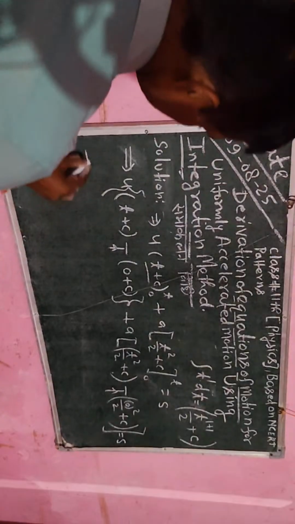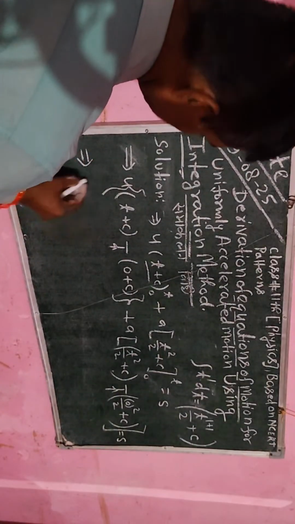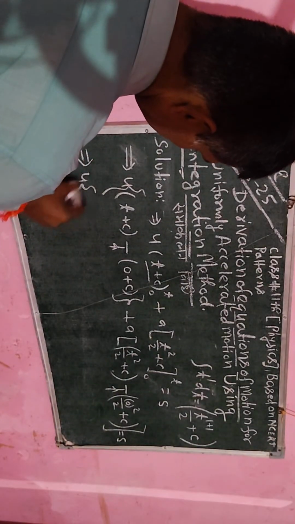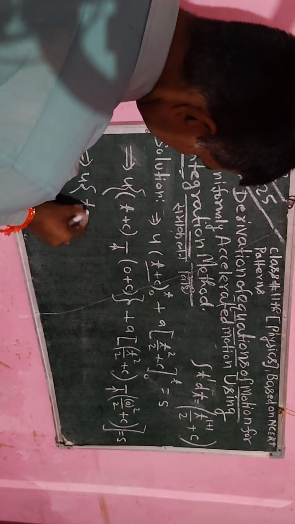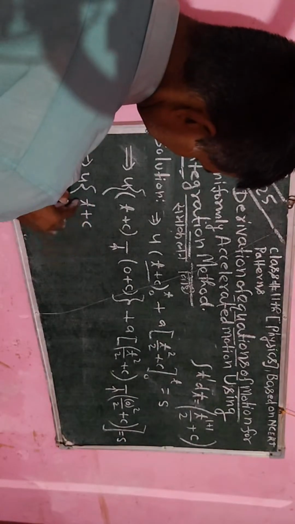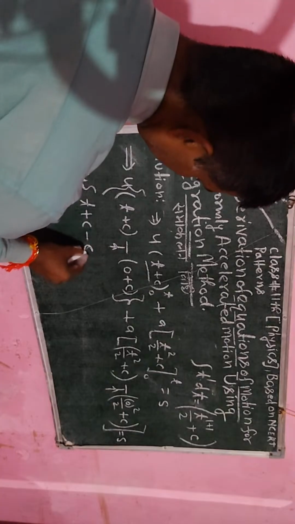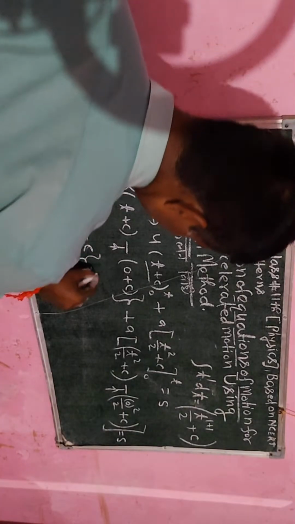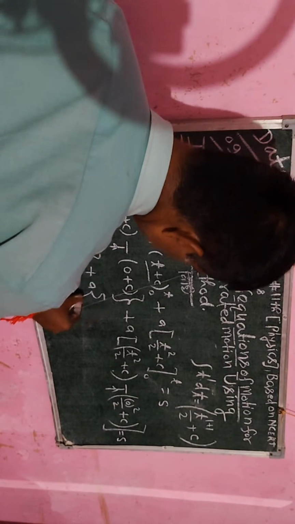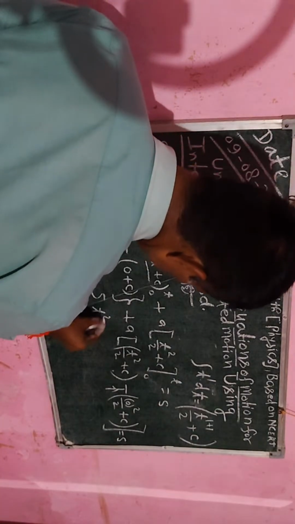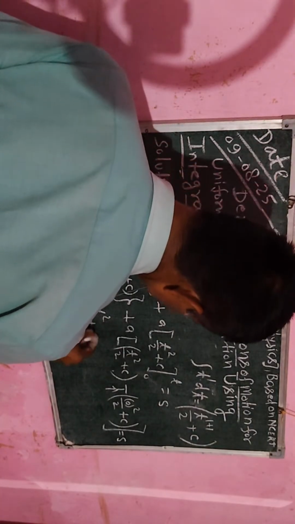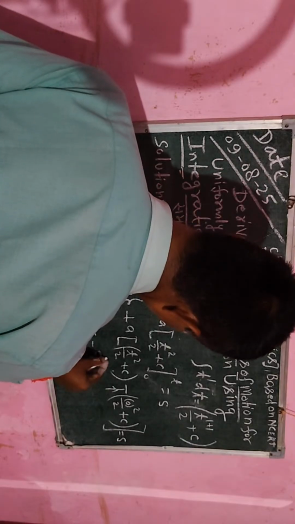So again I will say u, and in the curly bracket, t plus c minus c. Again I will say a, and I will write t square by 2 plus c minus c.